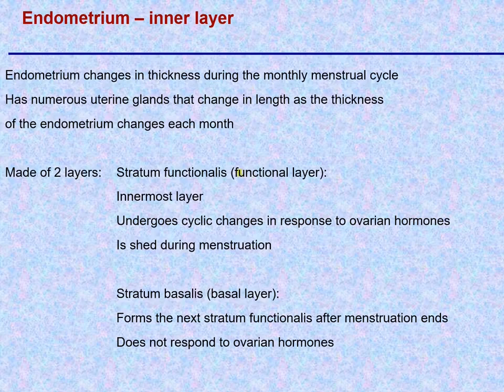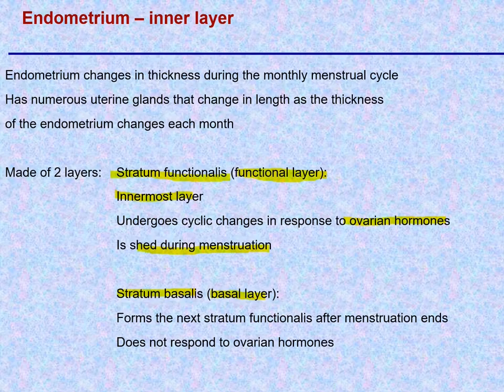There is the functional layer, properly known as the stratum functionalis, and then there's the basal layer further in, called the stratum basalis. It's the functional layer that undergoes cyclic monthly changes in response to ovarian hormones. That is the layer that gets shed during menstruation. This is the innermost layer, closest to the actual cavity inside the uterus.